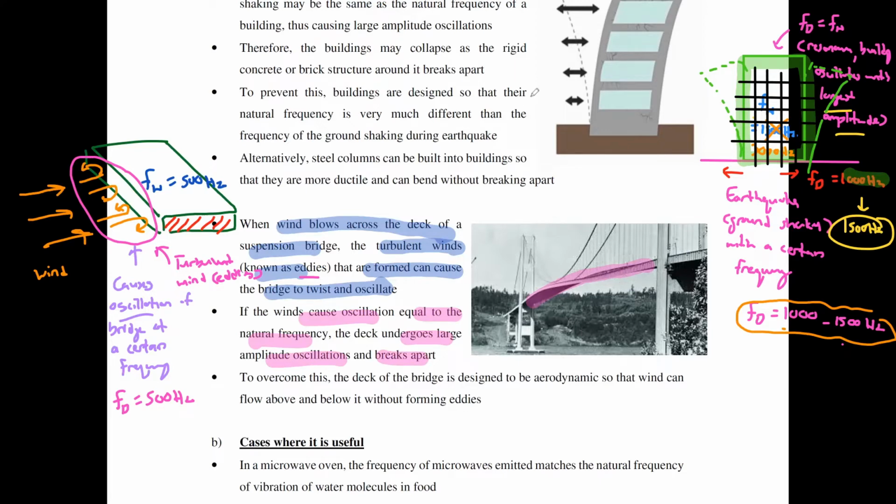So to overcome this, what they've done is design the bridge so that it's aerodynamic, so that wind can actually flow above and below without forming eddies.